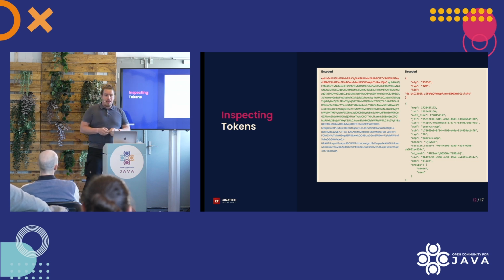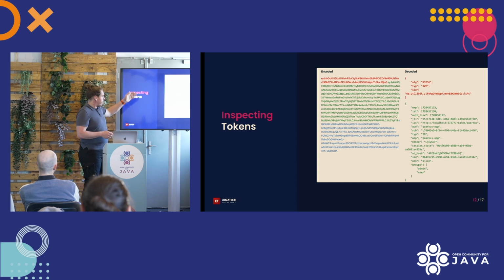Then we have the actual payload, the actual content, the green bit. It shows you a lot of fields in there: when it expires, when it was created, who was the issuer, and who's the audience. And it will contain a bit more information as well. There are some common claims, but you can also have your custom claims in those tokens as well.